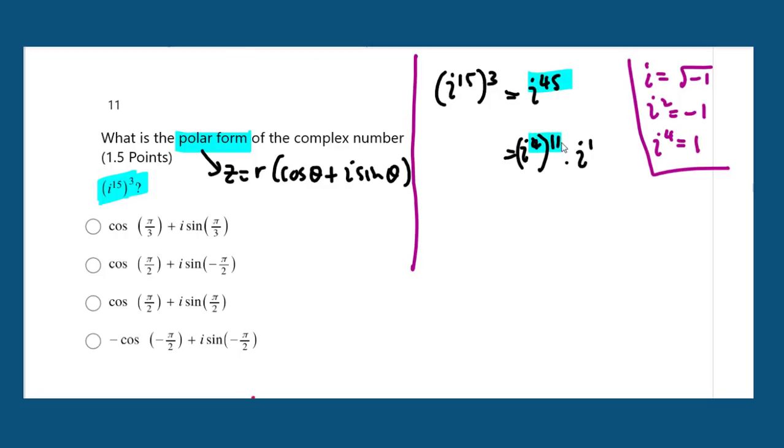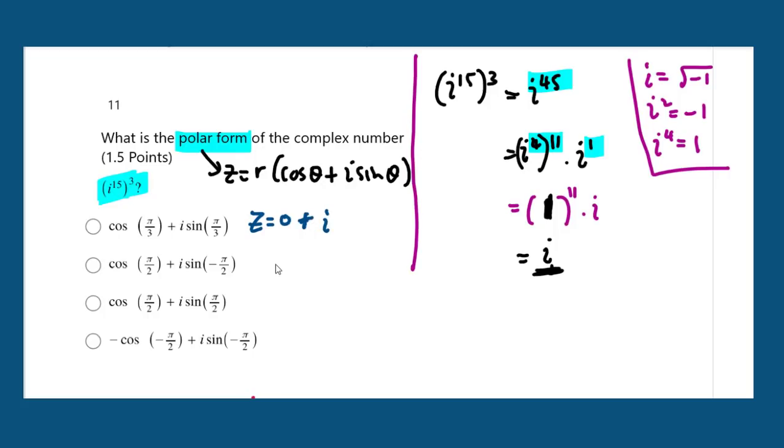Here i to the power 4 is equal to 1, so substitute 1. 1 to the power 11 is 1, and the answer is i. So we can conclude z is equal to 0 plus i.